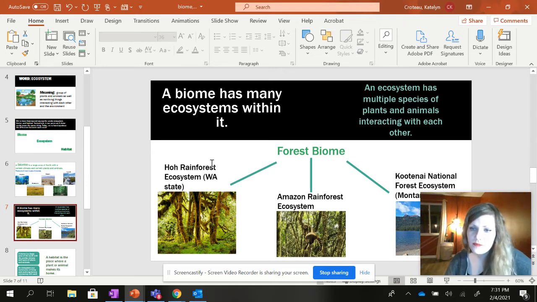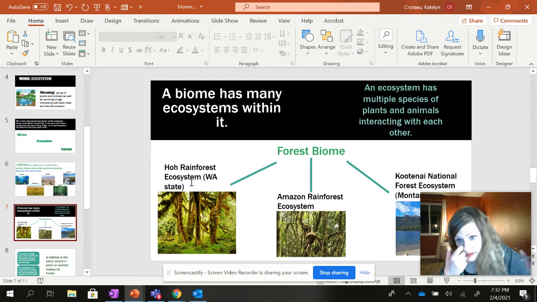Okay, so if you're thinking bigger picture, you're thinking biome, larger pieces of land. Inside of those biomes that we're looking at that have similar plants, similar animals, similar weather, inside of those are individual ecosystems. Because think about it. Think about if you go to the Hoh rainforest. Okay, it is a forest biome, right?